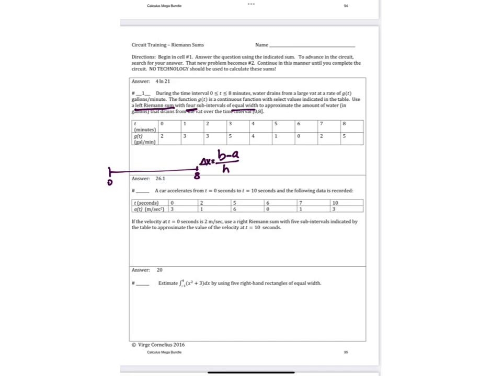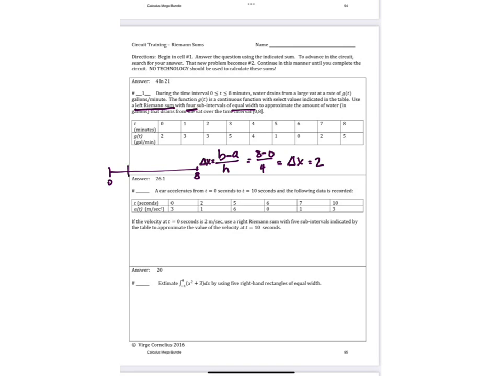If they are equal width, then delta x is the same for every rectangle. In this case, b minus a is going to be 8 minus 0 over n number of rectangles. How many? 4. So in this case, the change is going to be 2.